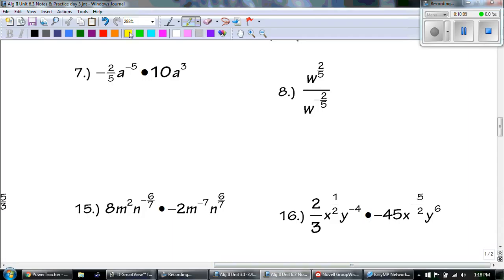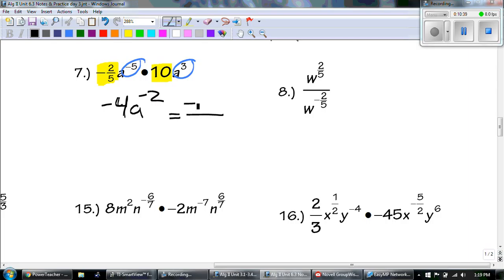So what I'm going to do first is multiply. Negative 2/5 times 10 is -4. Now I know I have a negative exponent here, but I can also just combine these. And when I combine them, -5 plus 3, we get -2.